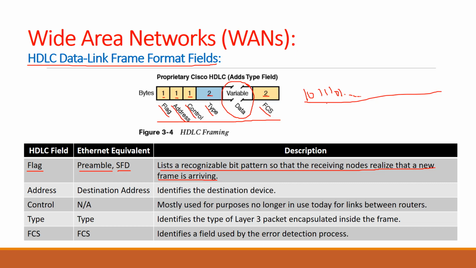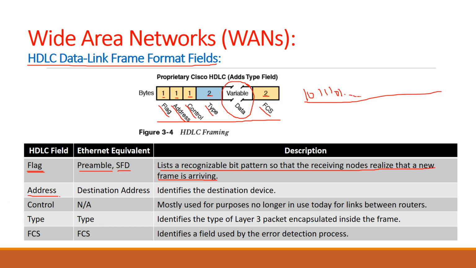So which flag determines the start of frame and the end of frame? The flag does this purpose. It says that this is the start of a new frame. So when a lot of bits of stream data are coming between two endpoints, the flag lets the receiving node know the start of the frame.